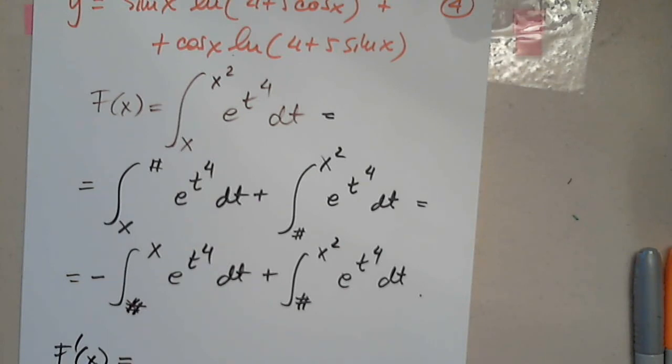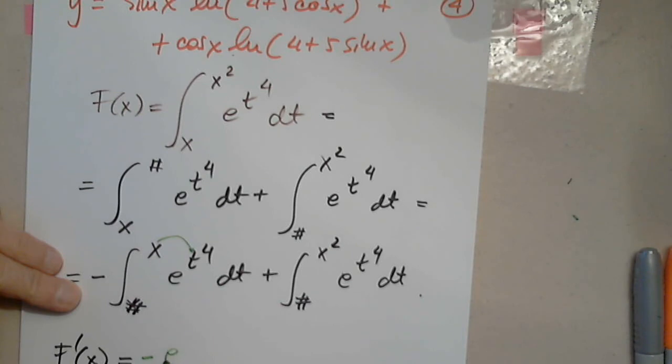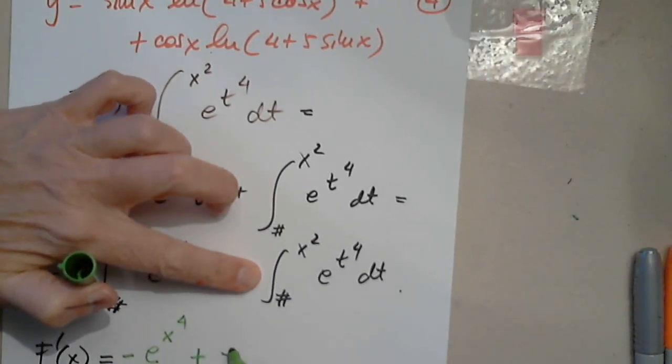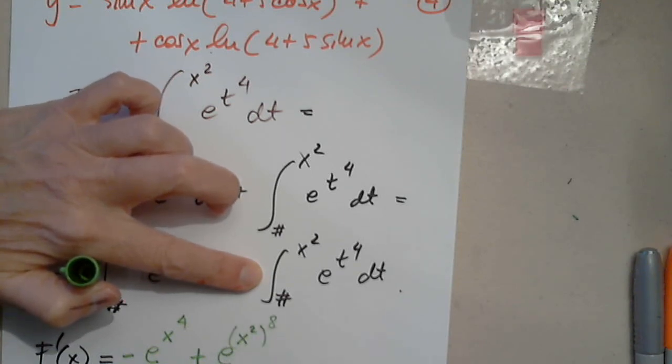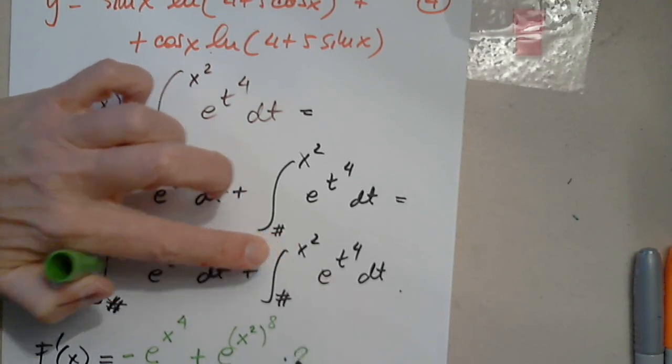So can anyone tell us what to write? The negative integral, that number to x. So e to the x to the 4th, times the inner function prime, 1, plus e to the x squared to the 8th, times the inner function prime, 2x.